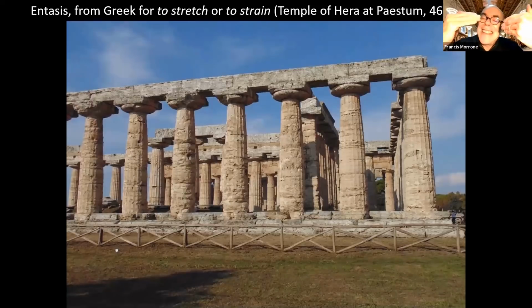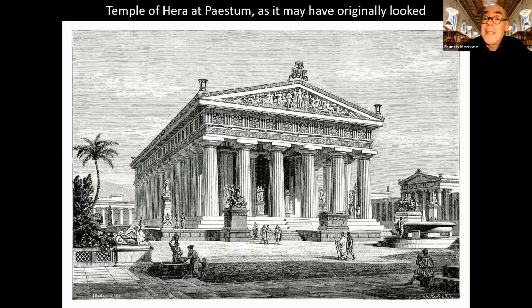It is that slight, or in the case of the Temple of Hera at Paestum, not so slight, bulging of the column. Look at those columns, and you'll see that they are not straight up and down. They bulge. And if it's an optical correction, why in some instances is the bulge so pronounced?